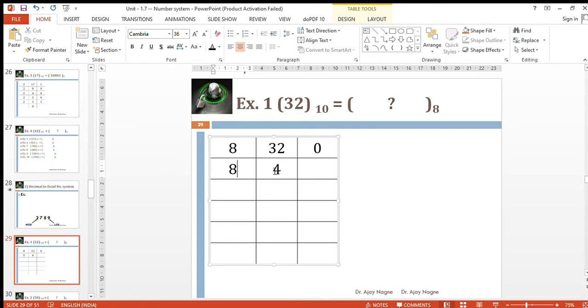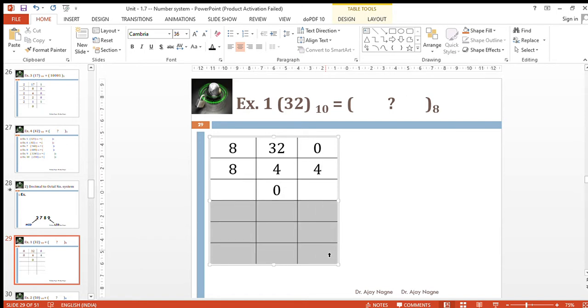So is it possible to divide 4 by 8? Yes or no? No sir, right? So answer will be 0 and remainder will be 4. That's it.